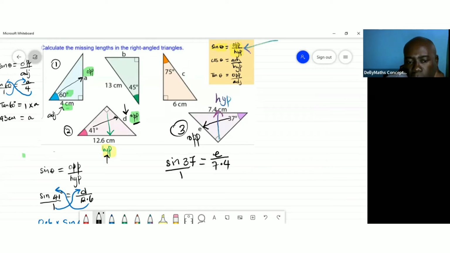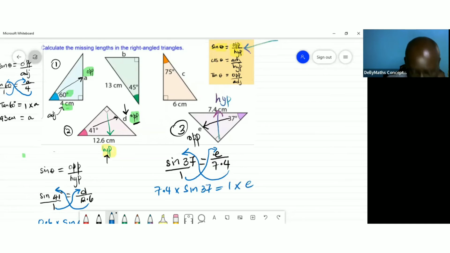We can easily employ cross multiplication as usual. 7.4 times the sine of 37 is equal to 1 times E. So let's write this down. 7.4 times sine of 37 is 1 times E. 7.4 sine 37, and I'll get 4.5 this time. And this is in centimeters. This is equal to the length of the side E. There it is.